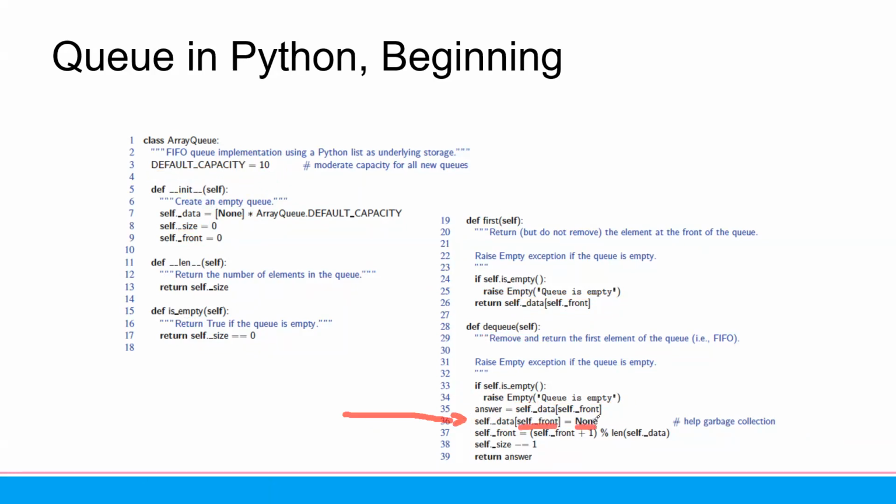So we want to empty that particular index. We do this to help the garbage collection. And then the new front index will be front plus 1 modulo the length. And then we reduce the size by 1.